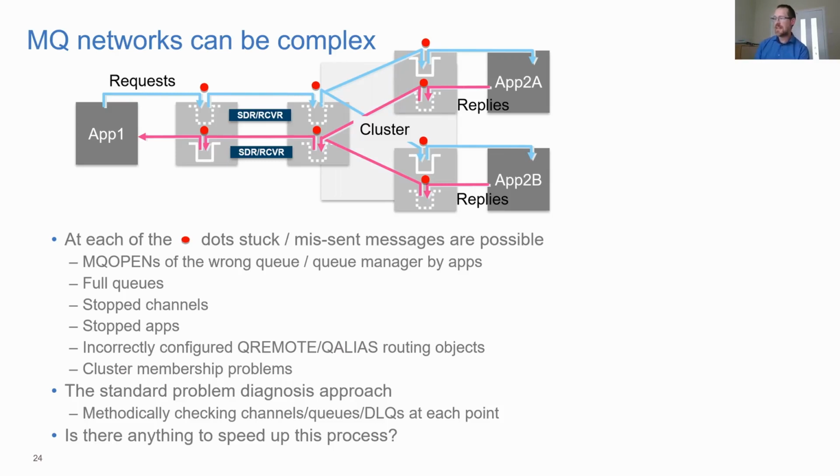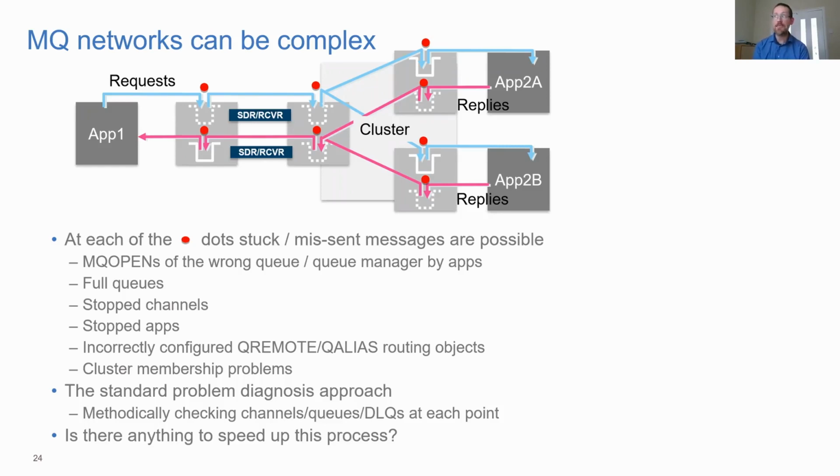And so there's the potential, whenever those channels are in place, for messages to get sent to the wrong place, or get sent to a dead letter queue, or go to a different queue manager to what you expected. And we're not saying here that messages are lost. It's more likely that messages are on a DL queue or stuck on a transmission queue when a channel's trying to reconnect to a queue manager that's gone down.